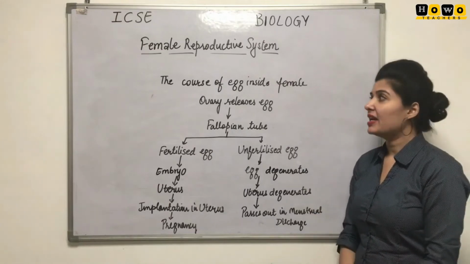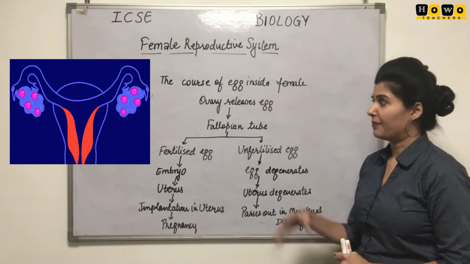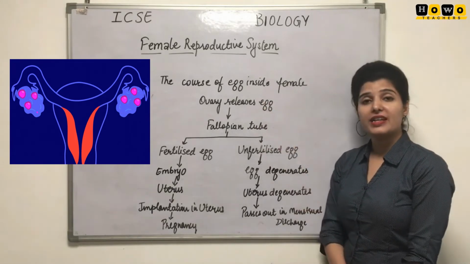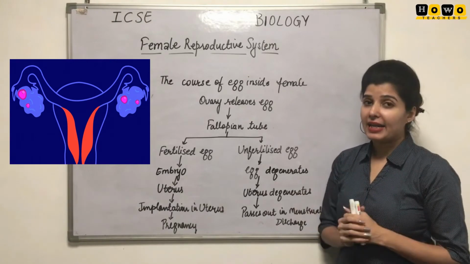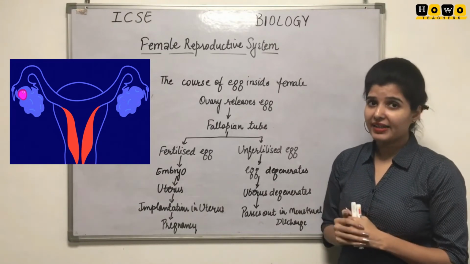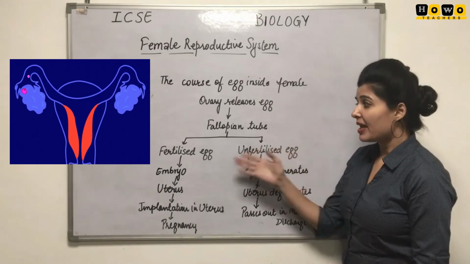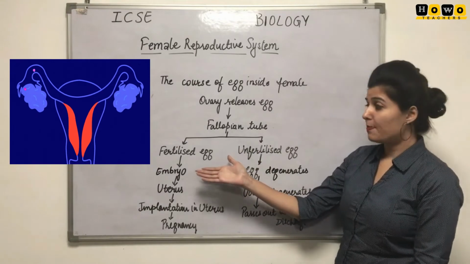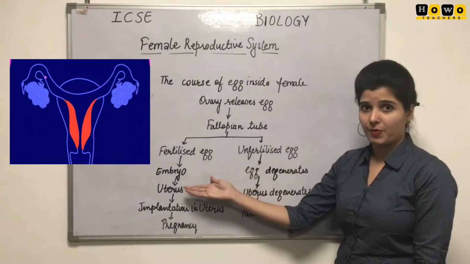Now let us see the course of the egg inside the human female. If the ovary releases the egg, it reaches the fallopian tube. There can be a case that it unites with the sperm, and there can be a case that there is no sperm present there. If it unites with the sperm, it gets fertilized and an embryo is formed.